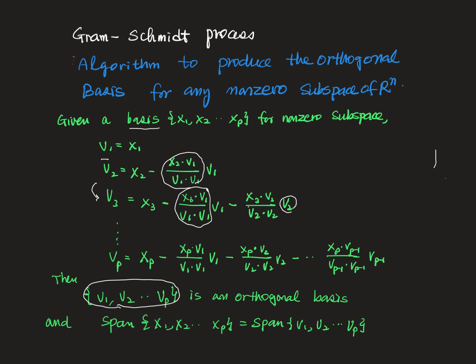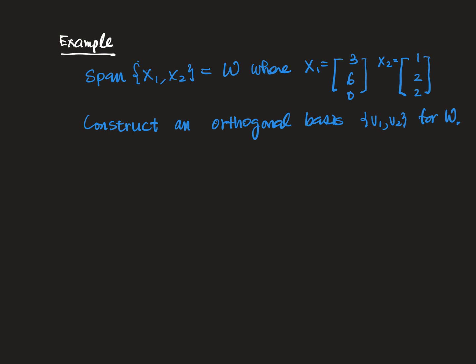Also, v1 through vp span exactly the same subspace spanned by x1 through xp. Let's see this example. The span of x1, x2 is a subspace W, the linear combinations of x1 and x2. Then x1 is given like this.